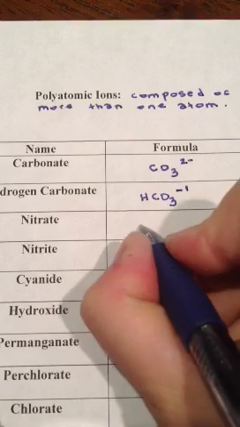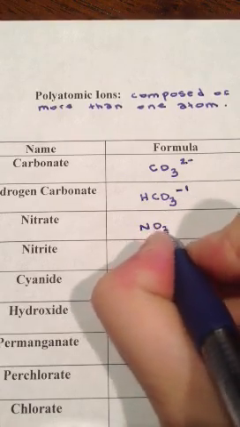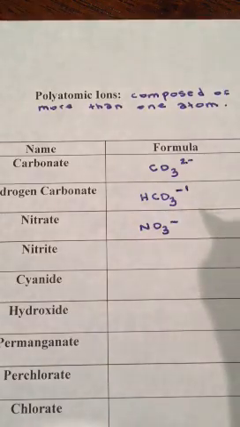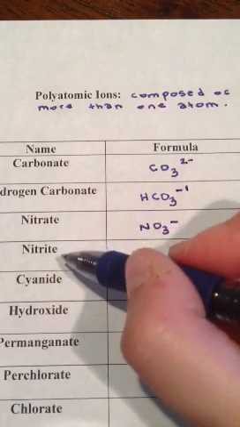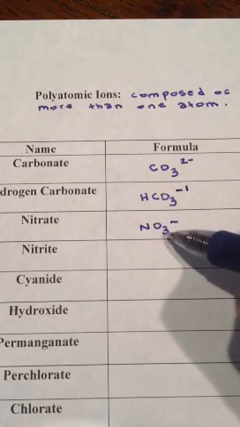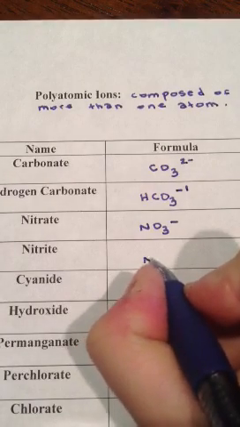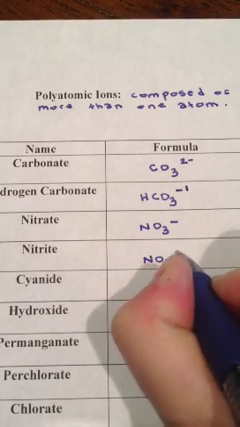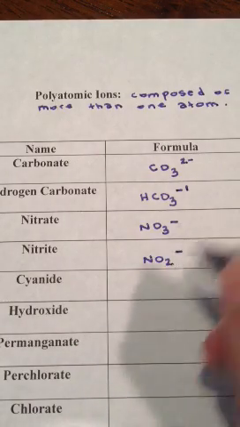Okay, nitrate is your next one. It's NO3 with a -1 charge. Okay. Notice the only difference between nitrate and nitrite is the number of oxygens. So nitrate has 3 oxygens, nitrite has 2. NO2 still has a -1 charge. Okay?